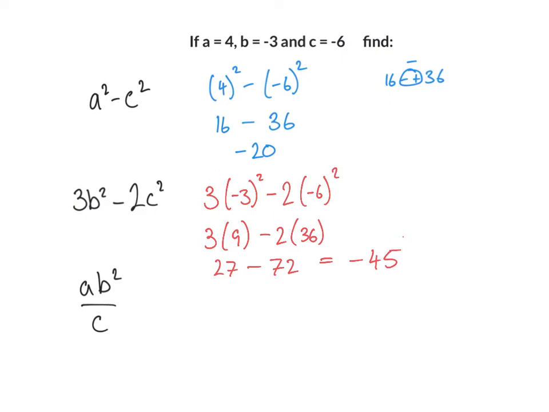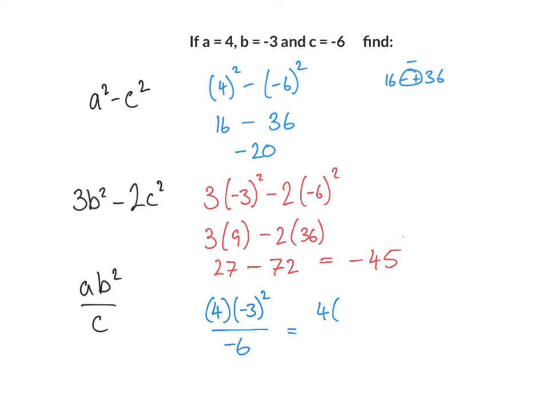And this final example, ab squared over c, shows that these things work just as well with divisions. Just fill in what we've got. So a is 4, b squared, well that's minus 3 all squared, and c is negative 6. We substitute it in, and then let's work this out. This is 4 times minus 3 all squared.